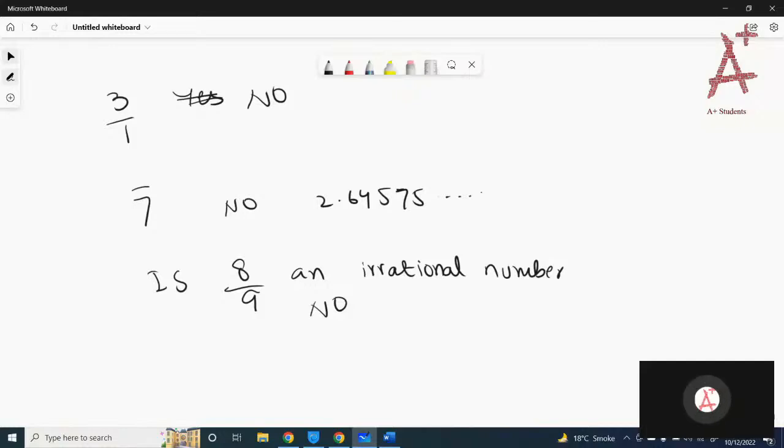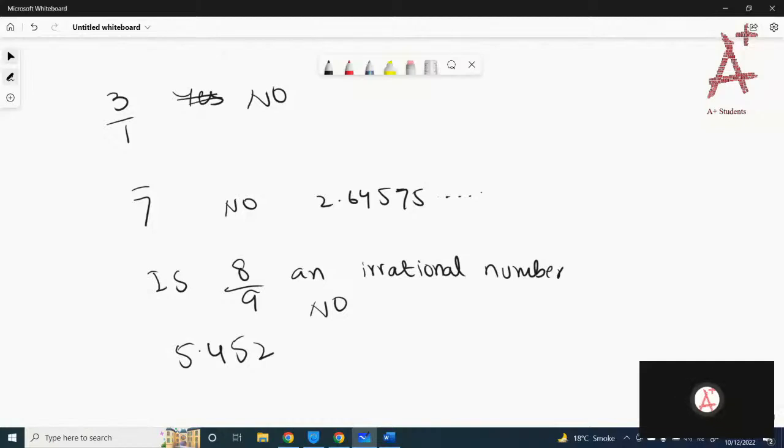Okay, the next one is: is 5.452 a rational number? Is it rational or irrational? Please write the answers in the live chat option if you know the answer.